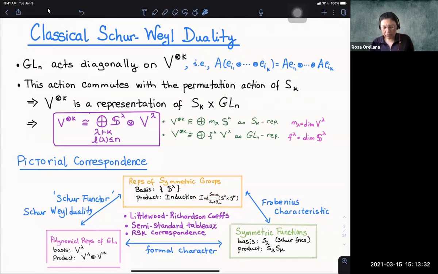And right here, you have the polynomial representations of GLn. This means that when you represent these, the entries in the matrix are going to be polynomials, so you can find representations like that. Then in here, the basis is these polynomial representations, and the product is the tensor product of two vector spaces, and then you have the action.